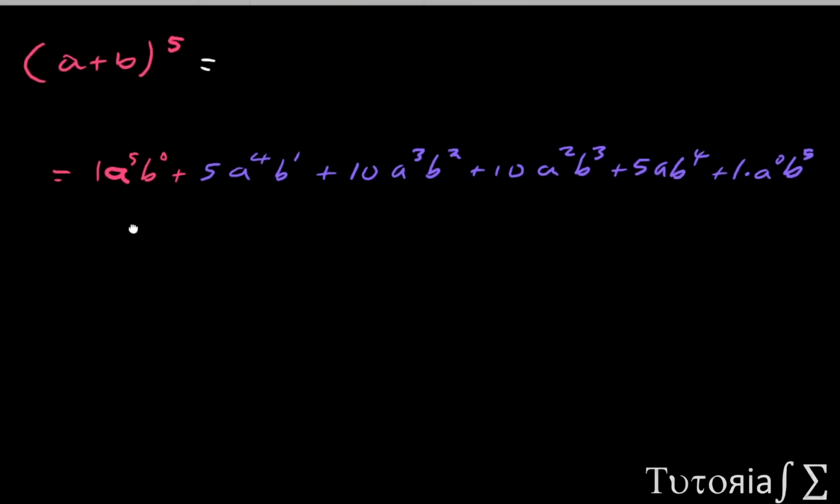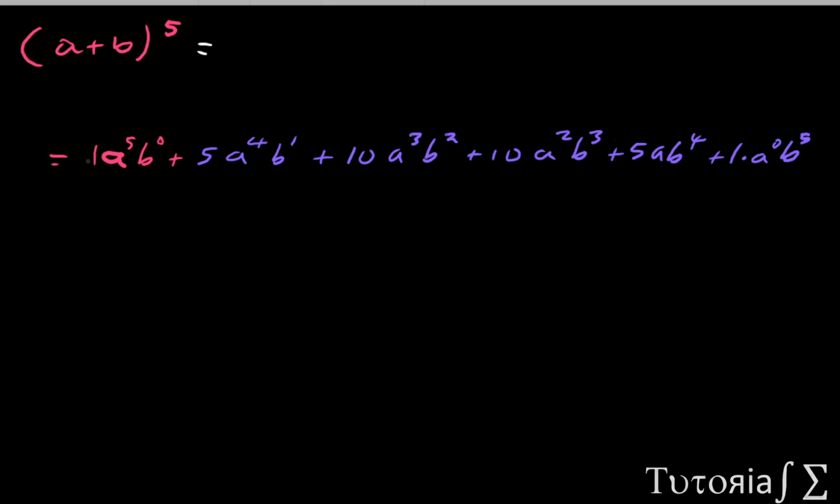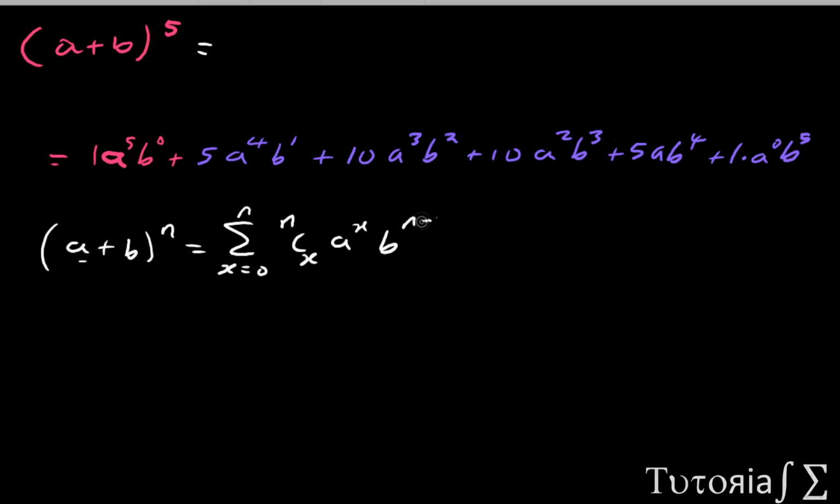All right, so we are basically using the binomial theorem, and what the binomial theorem says is that if you have a plus b raised to the nth, this is equal to the sum from x equals 0 all the way to where n is ending, of n choose x, then a raised to the power x, then b raised to the power n minus x.